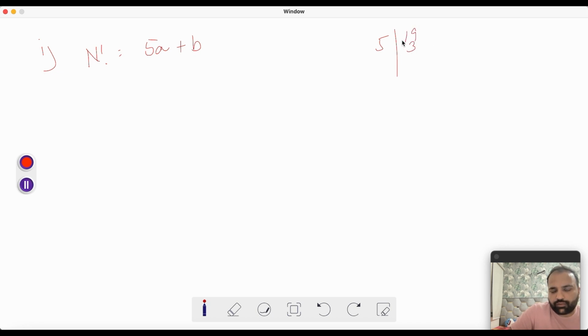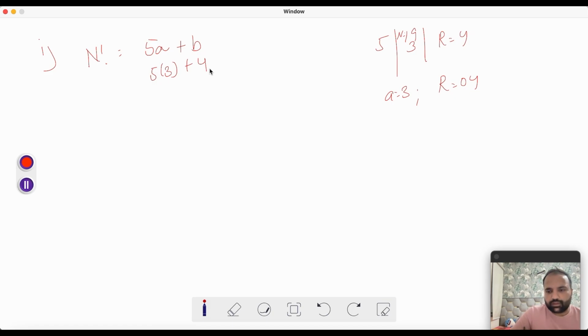We get 5 times 3 is 15, and a remainder of 4. So a is 3 and b is 4. We are dividing n by 5, so the quotient is going to be a and the remainder is going to be b.